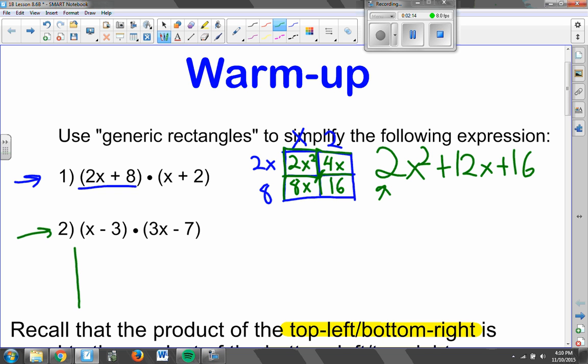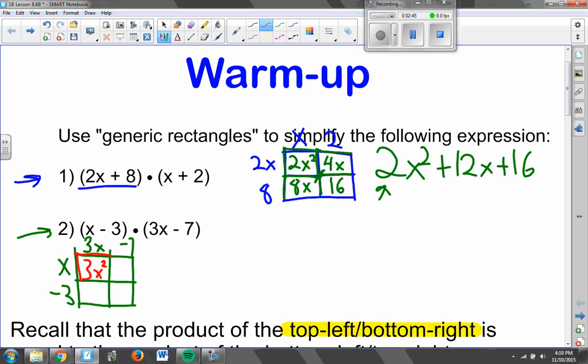Okay, our generic rectangle, if I put it down here now, along the left side I'm going to put my first binomial, which is x and a negative 3, x minus 3, and across the top will be my second, which will be 3x and a minus 7. Now in my top left box I see x times 3x, which will give me 3x squared.